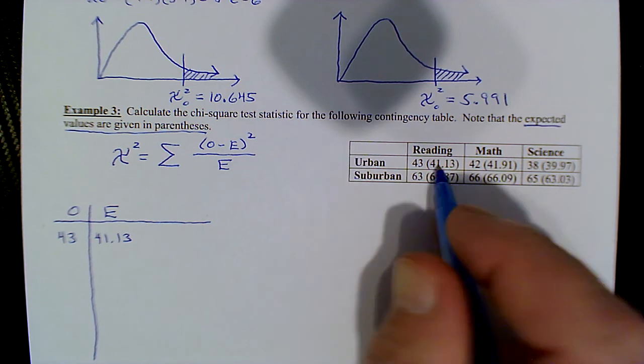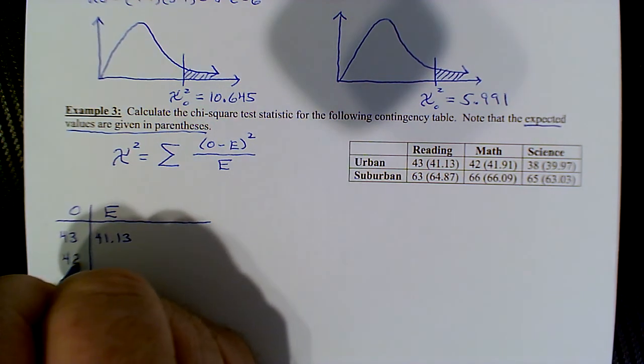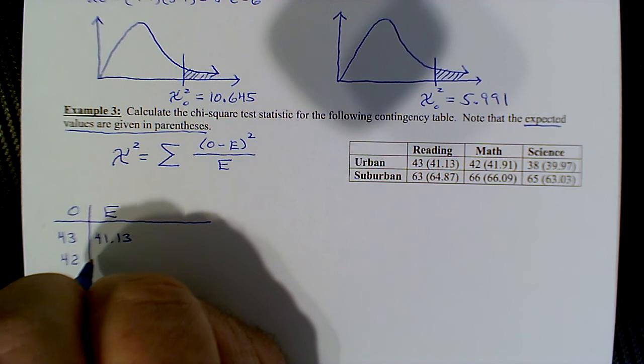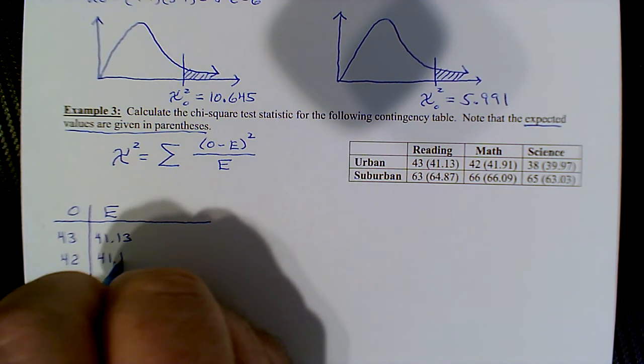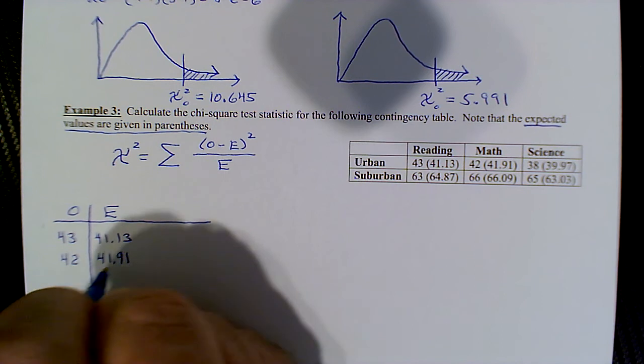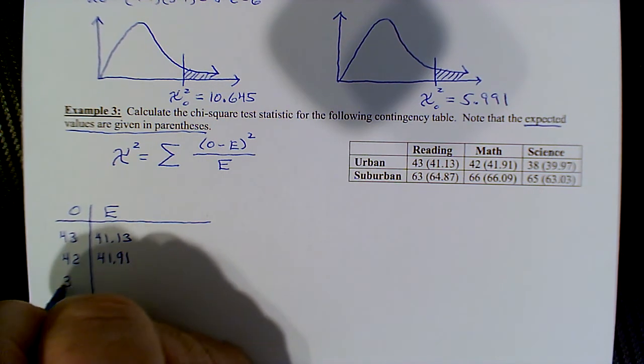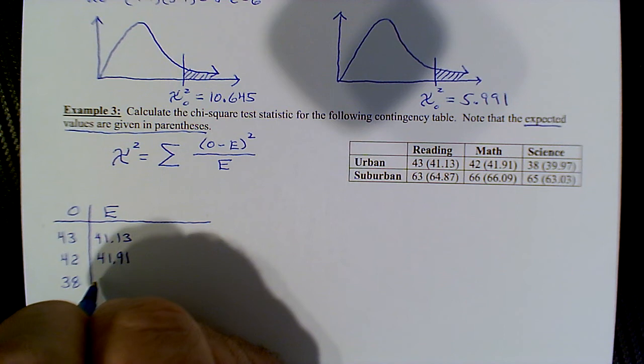Okay, I'll just move across. 42 for math urban, 41.91, excuse me, for the expected. Science urban people, 38, and 39.97 for the expected.